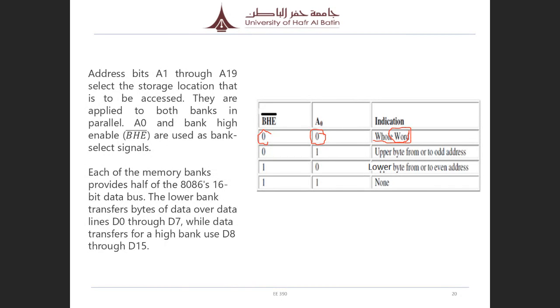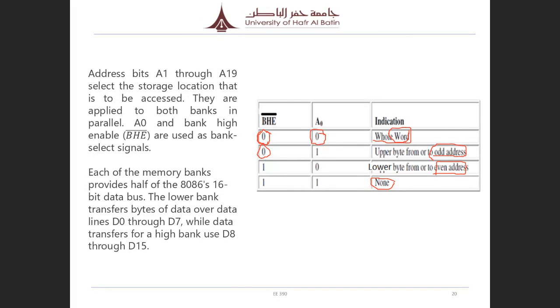If bank high enable is 0 and A0 is 1, it activates the odd address memory bank. If bank high enable is 1 and A0 is 0, it activates the even address memory bank. If both are 1, nothing is active.